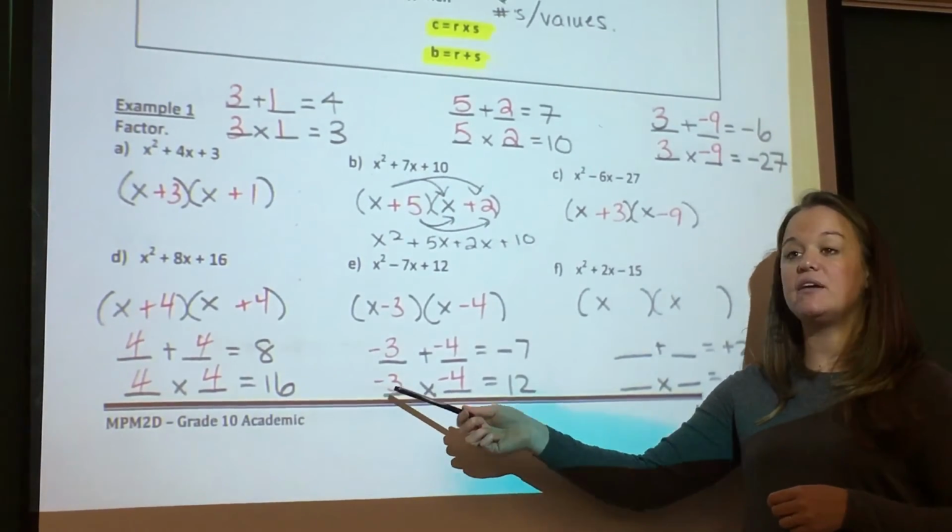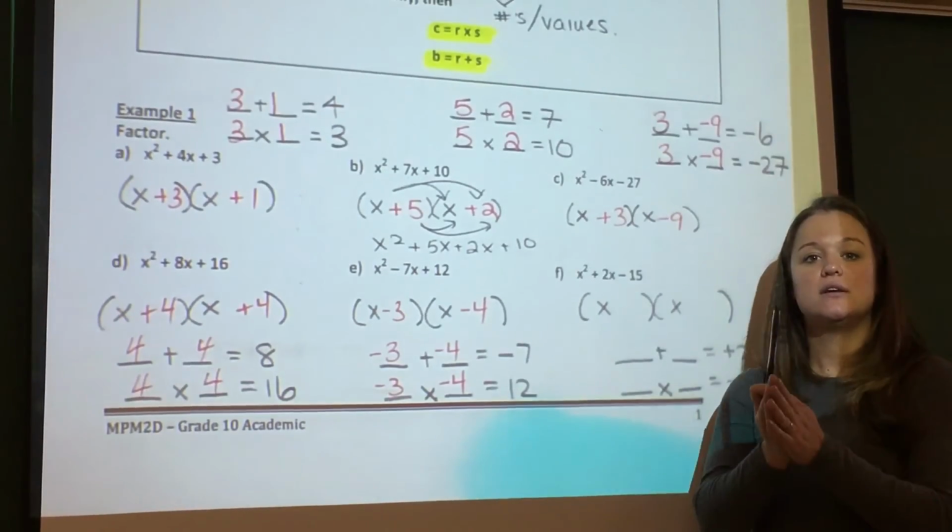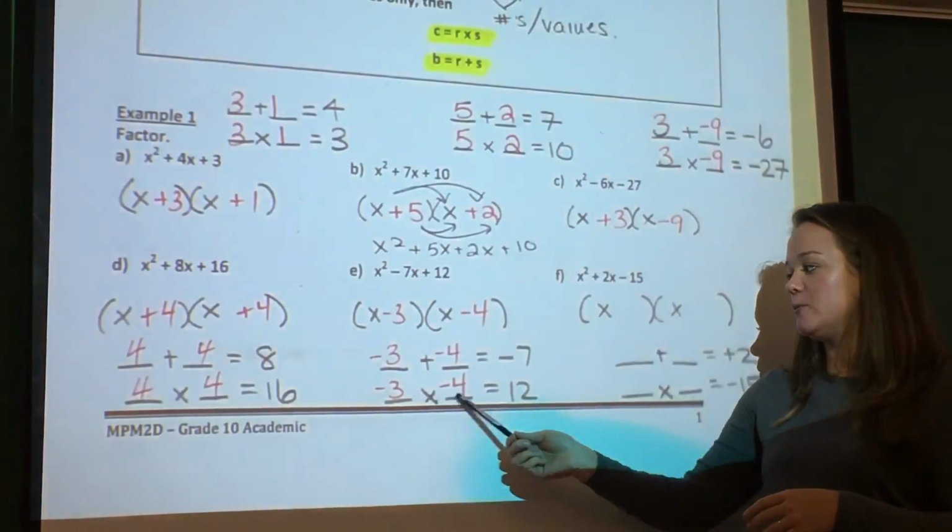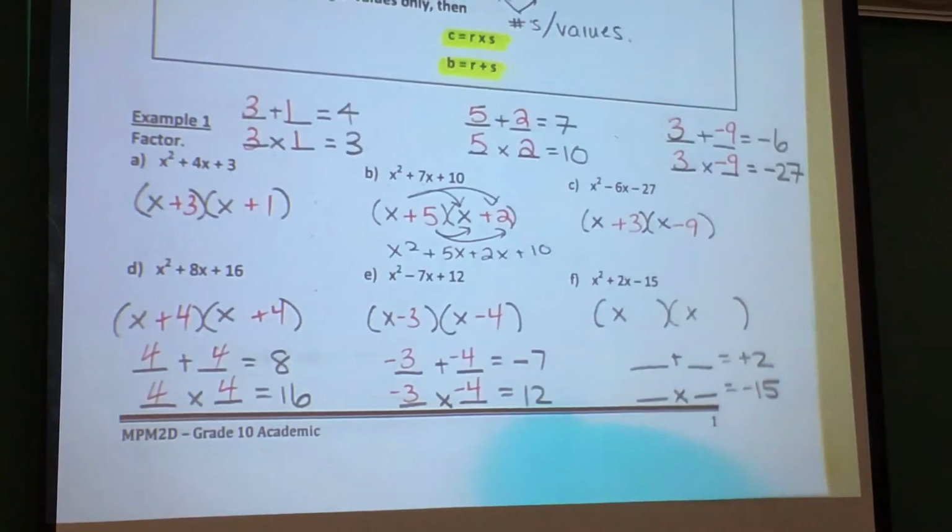But then a negative and a negative give us positive with multiplication. Okay, so we are still able to get our positive 12 there.